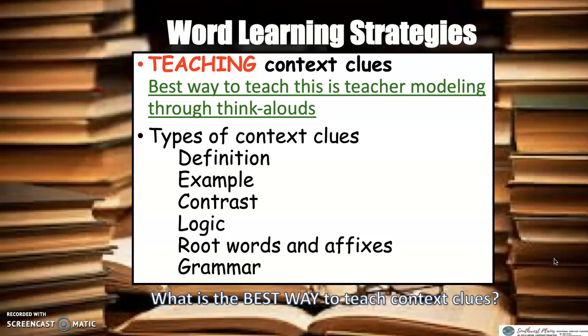We instruct our students in this modeling of how to find the clues by thinking aloud as we read. That is the best way to teach how to find a context clue. For more information on these various types of context clues, please refer to your handout number 9.